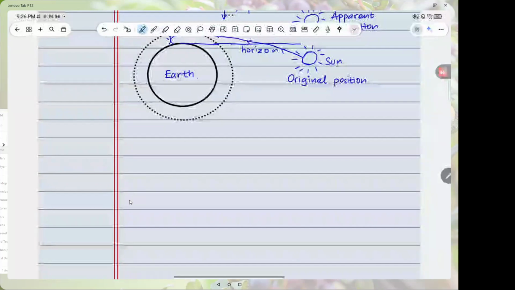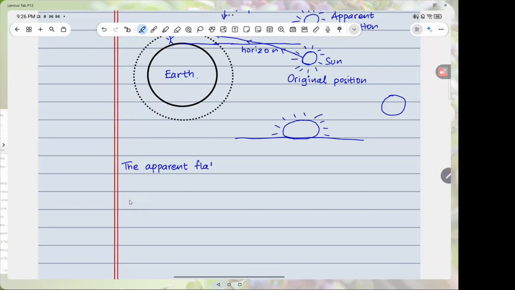When you try to see the sunset, let's say this is your horizon, you will see that the sun doesn't seem like a complete round or complete circle. It shows something like this during sunset and sunrise. This is the apparent flattening of the sun during sunrise and sunset. Flattening means the sun becomes an oval instead of a circular structure.